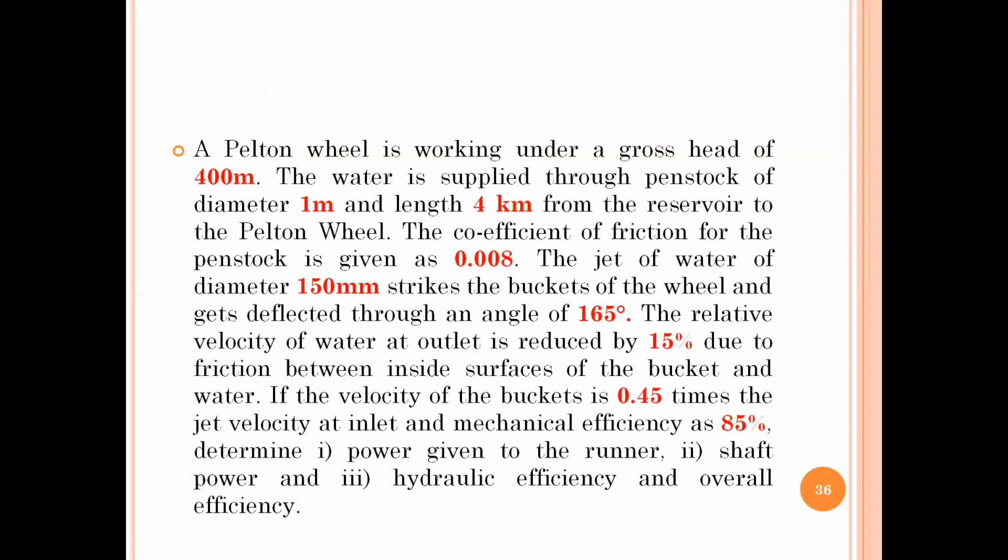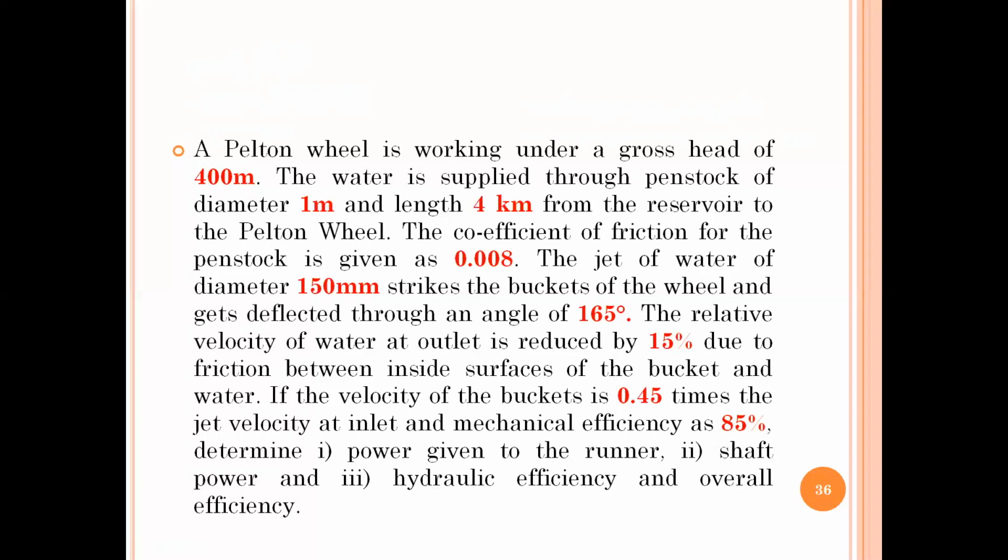0.008. The jet of water of diameter 150 mm strikes the buckets of the wheel and gets deflected to an angle of 165 degrees. The relative velocity of water at outlet is reduced by 15% due to the friction between the inside surface of the bucket and the water.